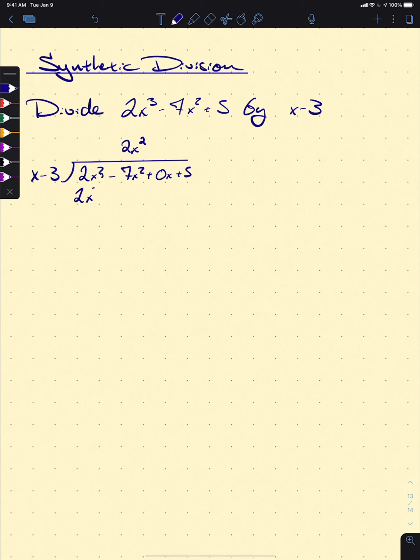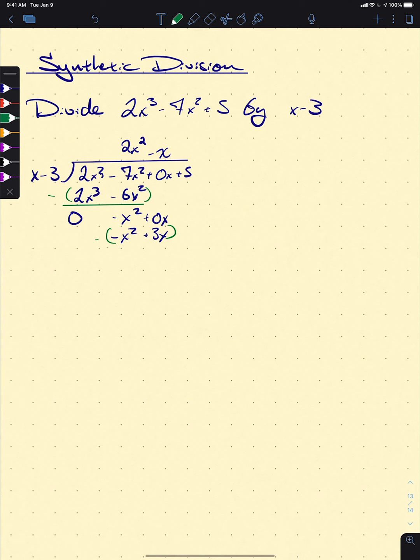It's going to give me 2x cubed minus 6x squared. We're going to subtract these. That's going to leave me with a 0 and a minus x squared, right? Drop down my 0x. And then what happens next, right? We're going to have a minus x to get a minus x squared plus 3x.